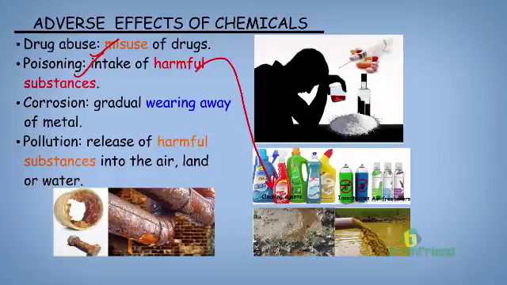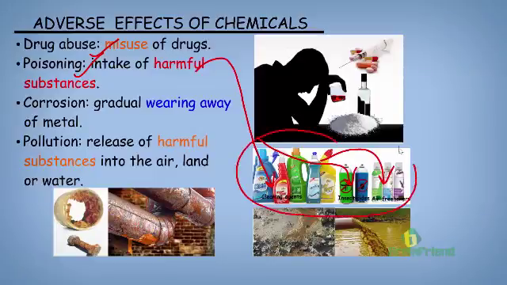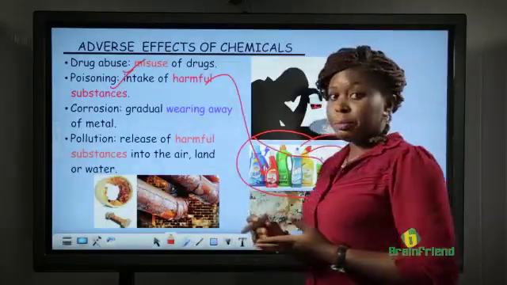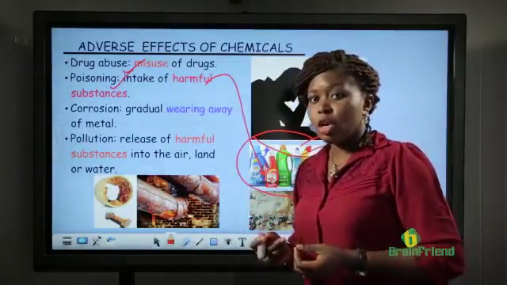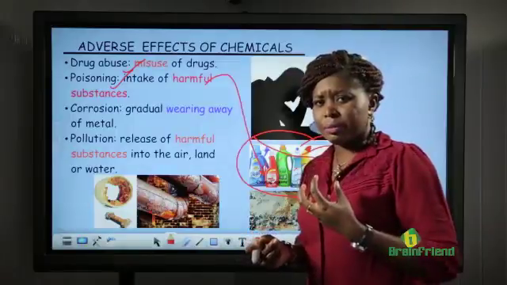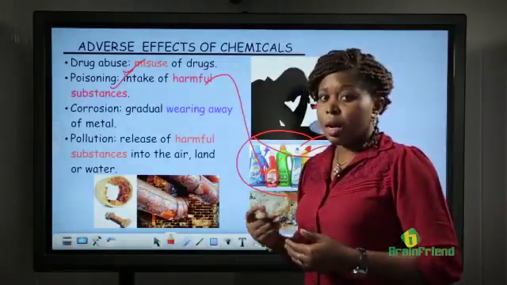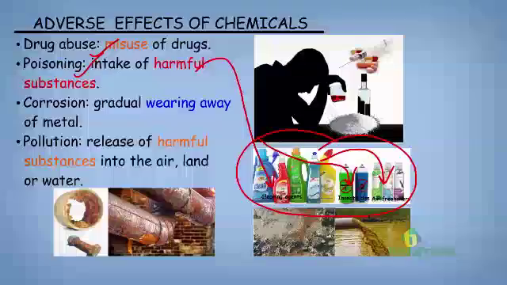We also have insecticides that we use to kill mosquitoes and other insects around the home. We also have the air fresheners that we use to make our houses smell nice. All these items are made with chemicals, and these items, when we use them without washing our hands, or even when we inhale them, they can cause harm to our bodies.